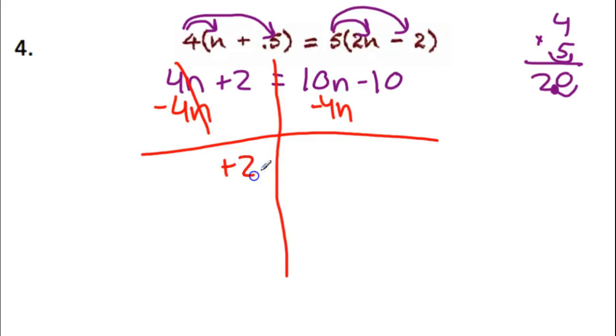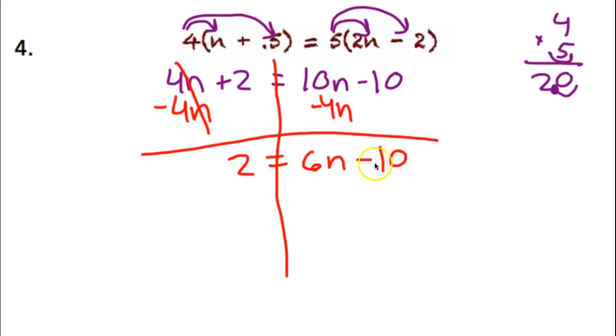I'm left with plus 2. Just 2 equals 10n minus 4n is 6n, and we have this minus 10. If I did it the other way, I would have to do minus 10n, 4n minus 10n. That would give me negative 6. I don't like negative numbers, so I'll do it like this.